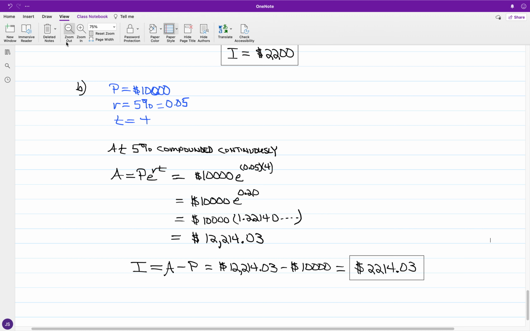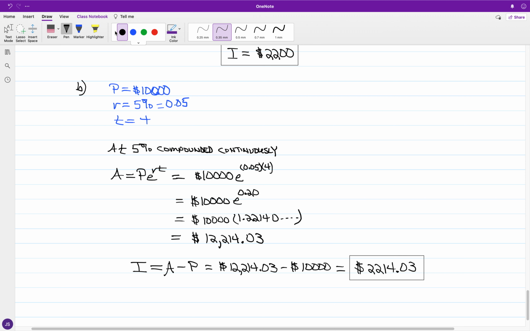So for the comparison question, it turns out that the simple interest option is $14.03 less than the other option.